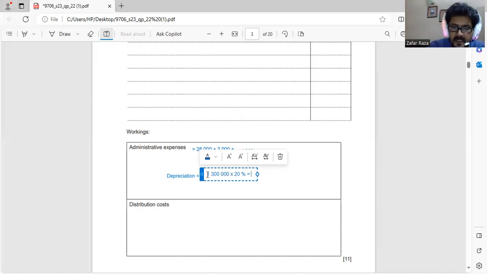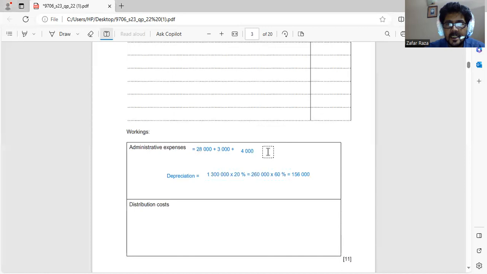The answer is 260,000. 260,000 multiplied by 60% is $156,000. That depreciation is also going to be added here in administrative expense.